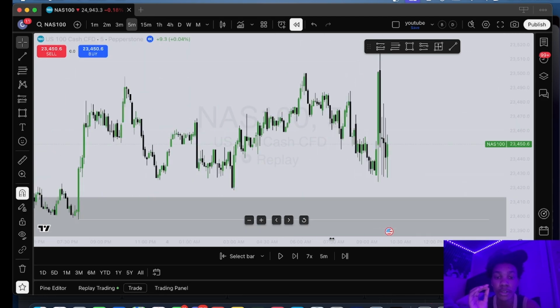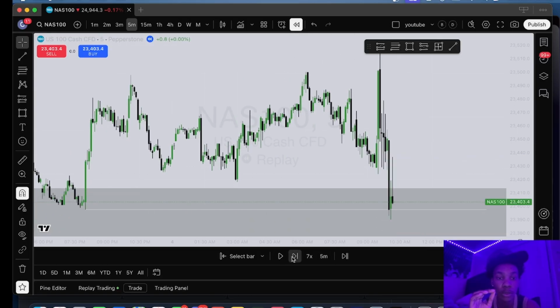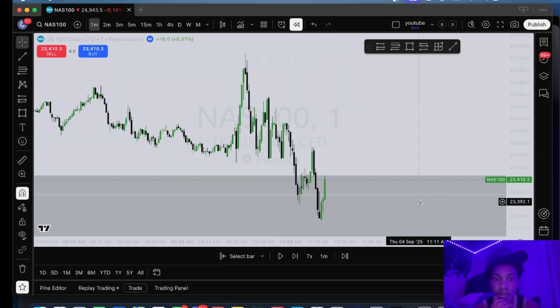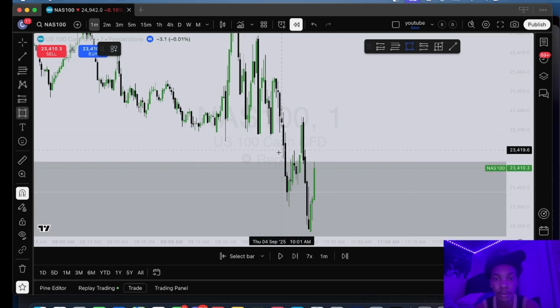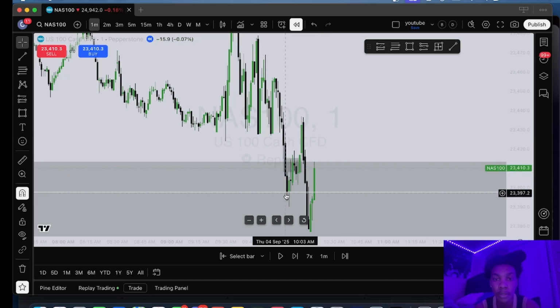This is all you need. These are the two things that you need: a high time frame gap and a high time frame swing low or swing high. As you guys can see, we end up going there. Let's watch on the 1 minute what had happened. So boom. As we sweep the first time, we end up chopping around.